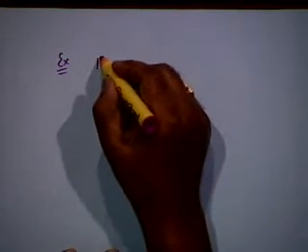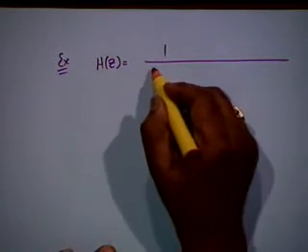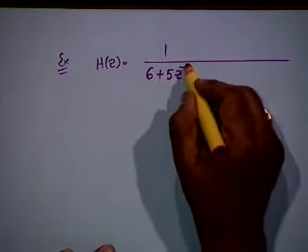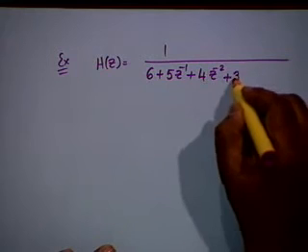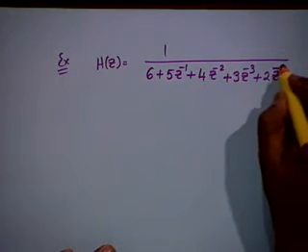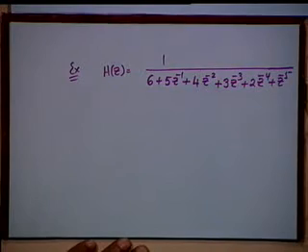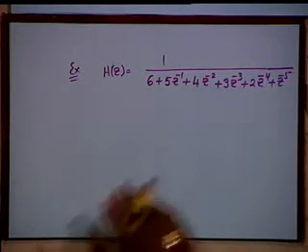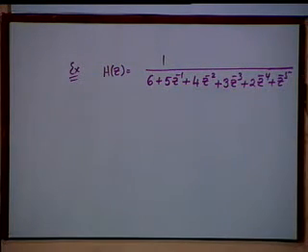The example that we take is you are required to test whether this transfer function 1 by 6 plus 5 z inverse plus 4 z to the minus 2 plus 3 z to the minus 3 plus 2 z to the minus 4 plus z to the minus 5 is stable or not. The numerator, for simplicity, numerator is irrelevant, isn't it? Numerator can be 1 or any other function.